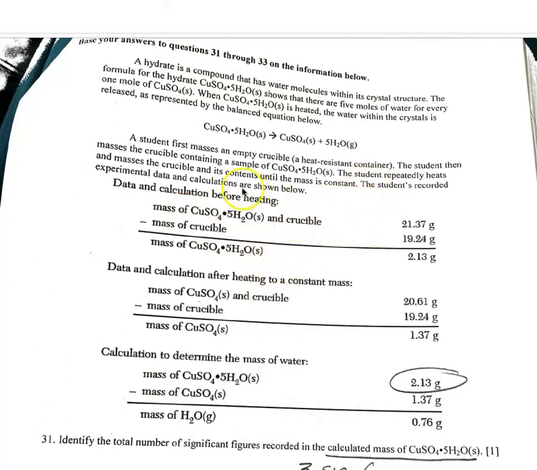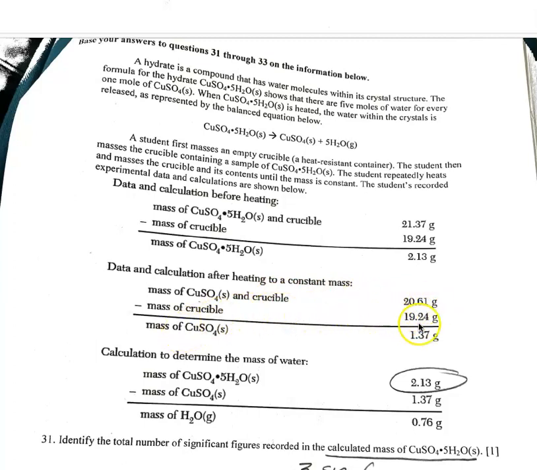A student first masses an empty crucible. You can see that here. The mass of the crucible is 19.24. Then the mass of the crucible with the copper sulfate pentahydrate in it is 21.37. If you take and subtract those two, you get just the mass of the copper sulfate pentahydrate. It's then heated to drive off the water, and it's cooled, and it's weighed, and then it's heated again, and cooled, and weighed, until we get a constant mass, which is what you see here, 20.61.